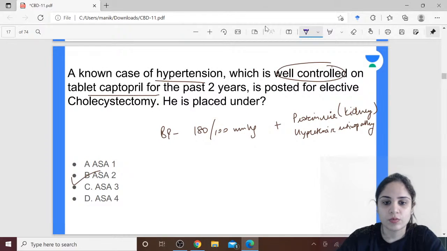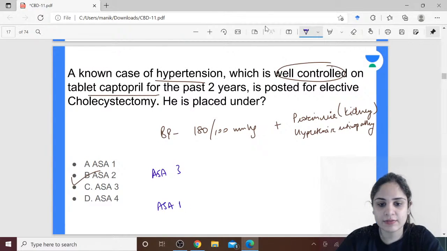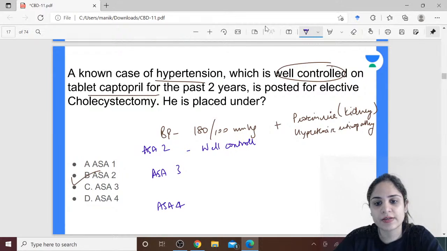Now, how to differentiate between ASA 2, ASA 3 and ASA 4? ASA 2 is basically a person who has a well controlled systemic disease. He is on treatment and has a well controlled systemic disease. Between ASA 3 and 4 there is a very small difference. ASA 3 will have uncontrolled systemic disease.